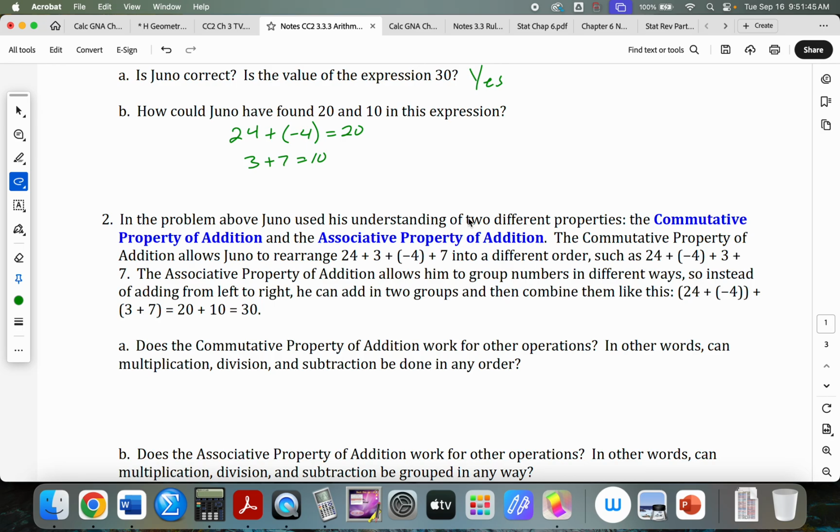So here's what I want you to think about so that you can remember these two different properties. For commutative, that has the same root word as commute.